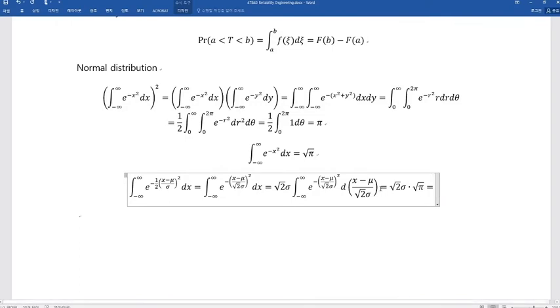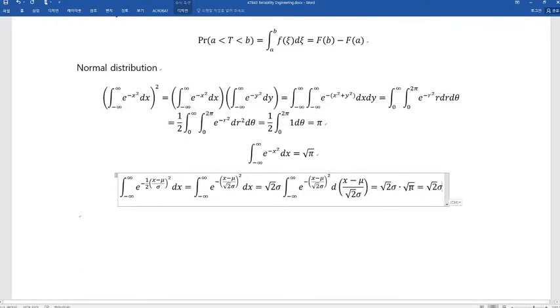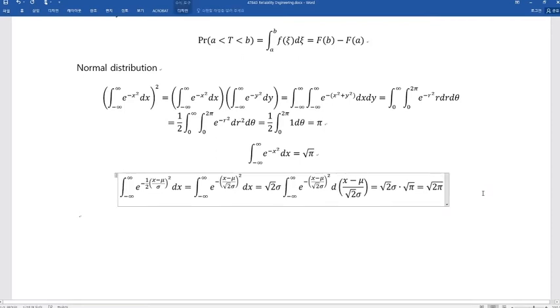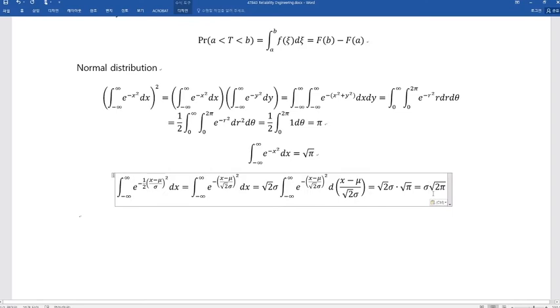In other words, it can be written as square root of 2 pi sigma. Or if we want to avoid some confusion, we may place sigma in front of the square root of 2 pi.